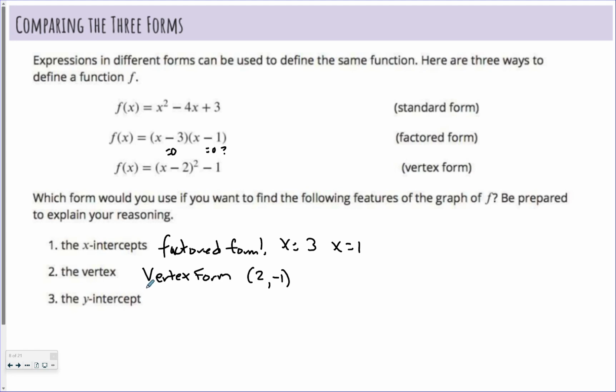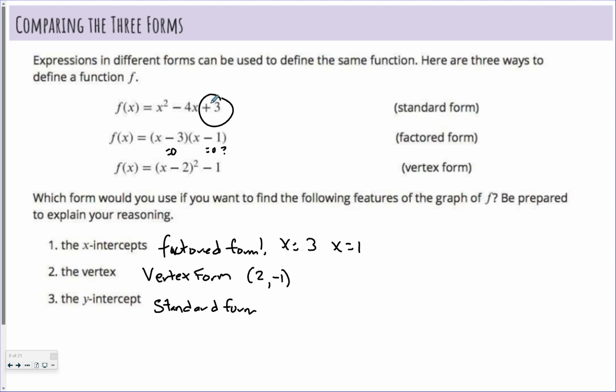For the y-intercept, which one would we use? Well, the reality is either standard or factored form are pretty good for this one. But we're going to say standard because we haven't used it yet. And with standard form, we don't have to do any math. Factored, we have to do a little with the multiply.